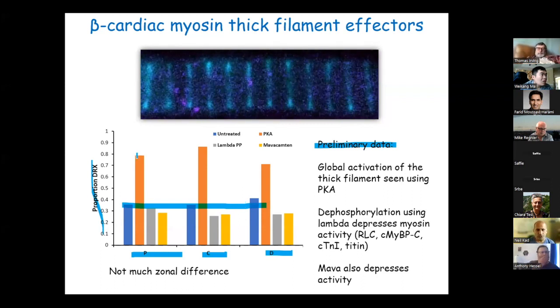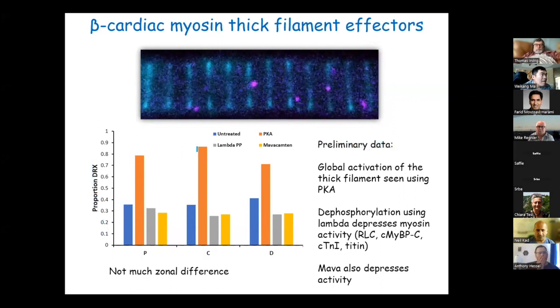Now, when we treat these myofibrils with pKa, we actually see a huge increase in the amount of DRX. It's wholly consistent with phosphorylation allowing the heads to come off the thick filament. And this would be something that we'd expect to see located on the C zone, which is what we saw for skeletal.